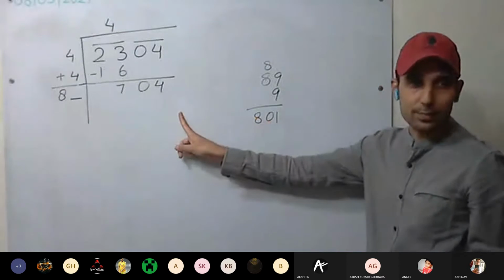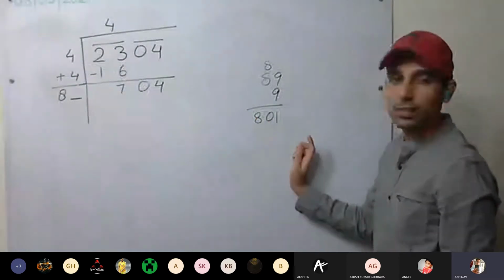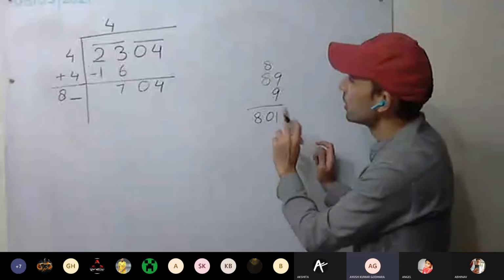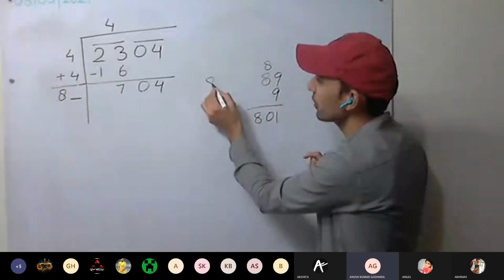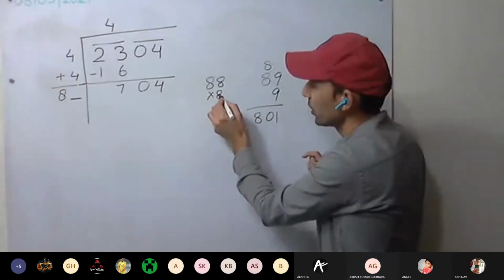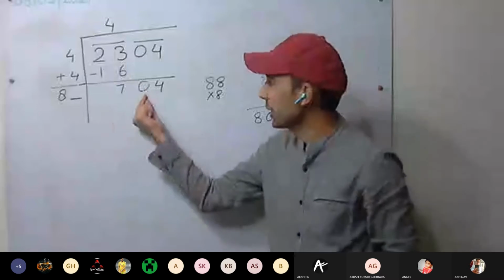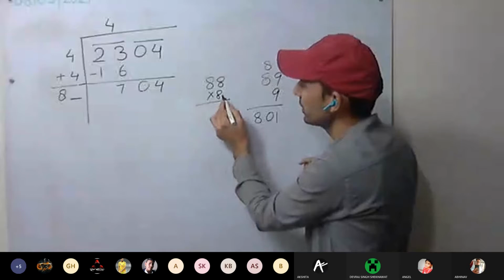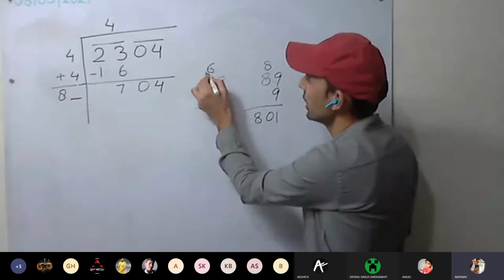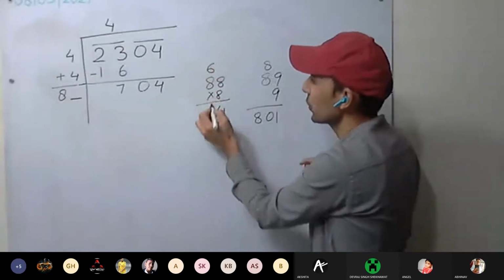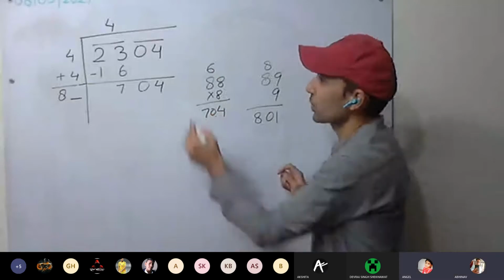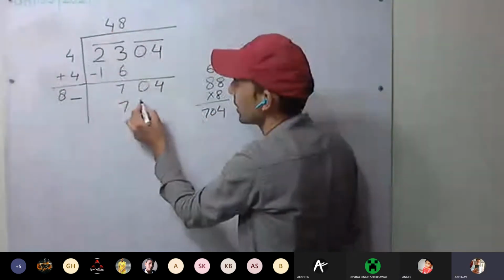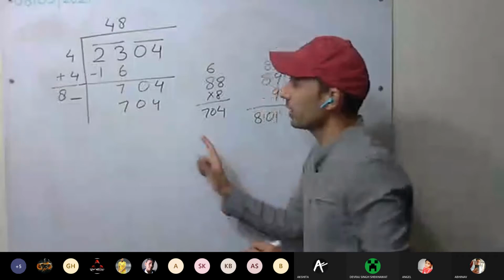It is much more. So we try with 8. Sometimes we can assume it can be 9 or it can be 8. 8 8s are 64, 64 and 6 is 70, so 88 times 8 is 704.